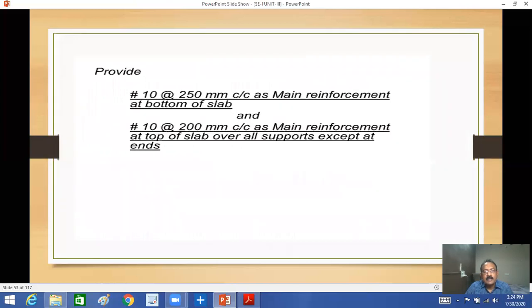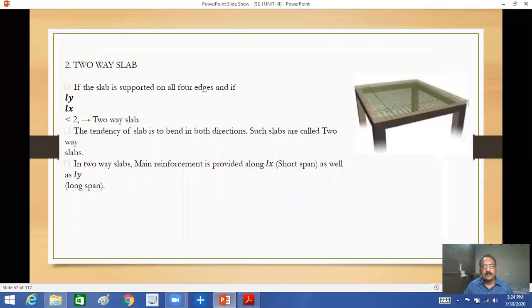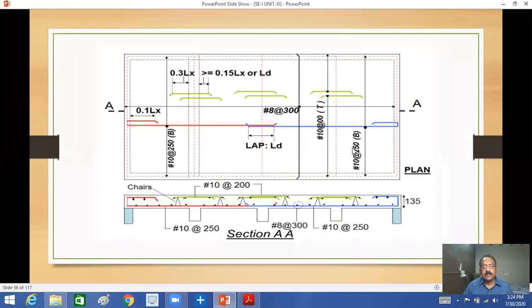So this is the spacing: 10 mm bar at 250 mm main reinforcement, and 10 mm bar at 100 mm center to center. In this way, we have to solve the problem of this continuous slab. This is the slab.